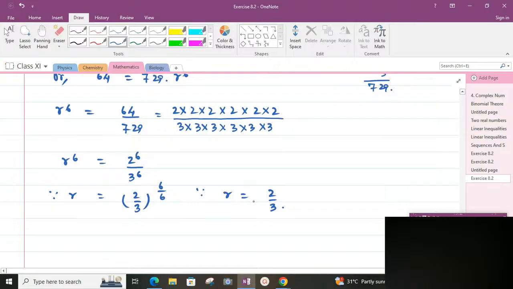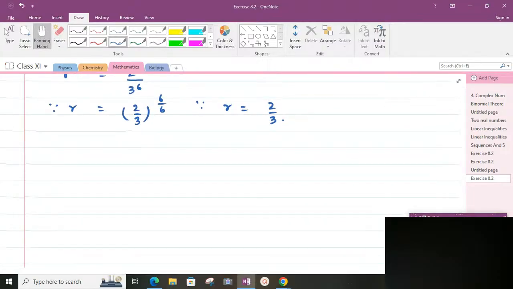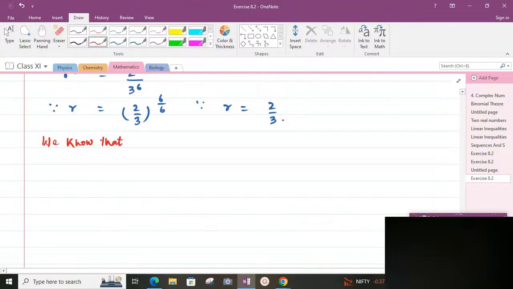Now we recall the value of S7. So we recall the formula. We write down here, we know that Sn equal to A into r to the power n minus 1 by r minus 1 when r is greater than 1.